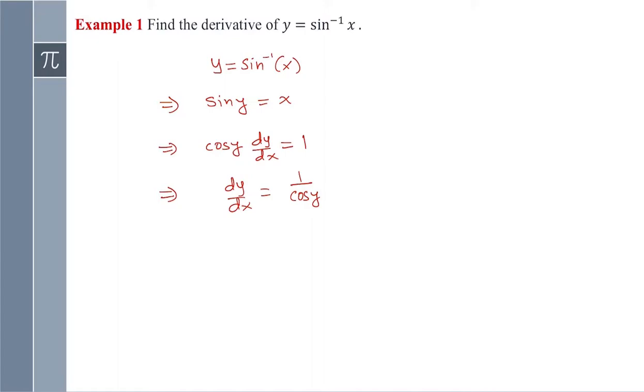Now, how do we write cosine y in terms of x? That's the next thing that we need to do here. So let's make a right triangle.